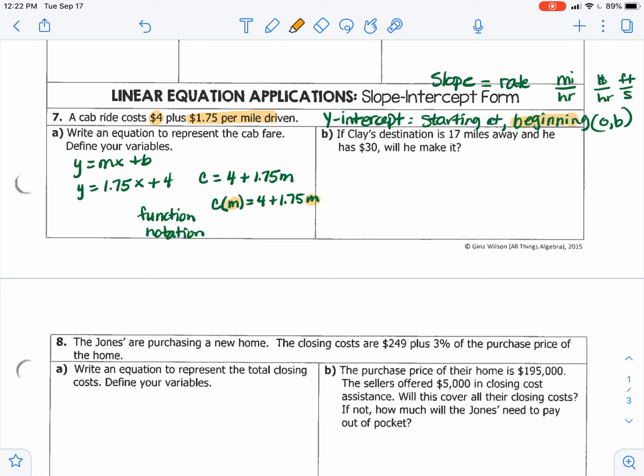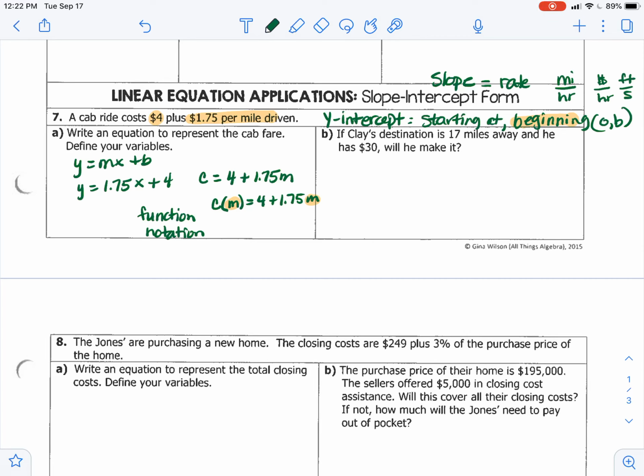So that would be the cost given the number of miles. That's what that would mean, okay? And I personally think if you're doing a story problem, that makes a lot more sense than y equals and x. That's me. But again, we'll talk more about that as we progress and we do more problems.